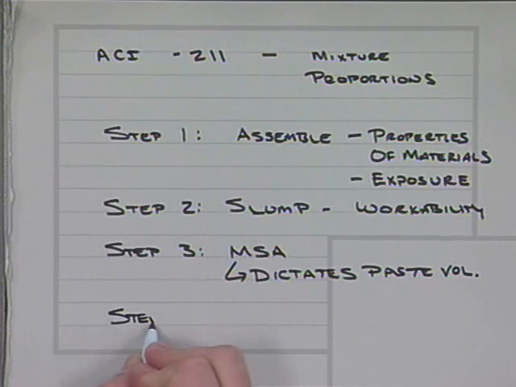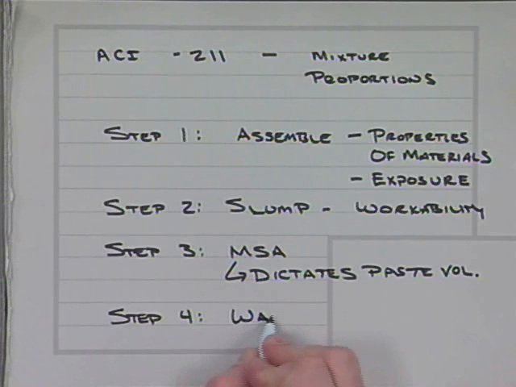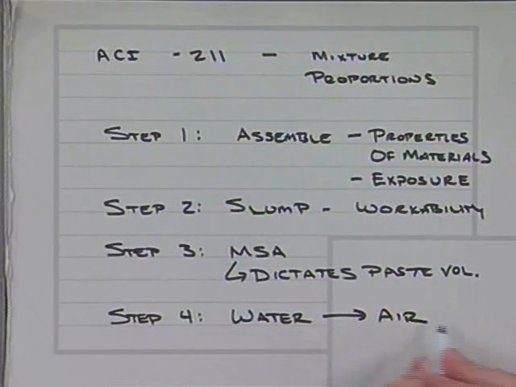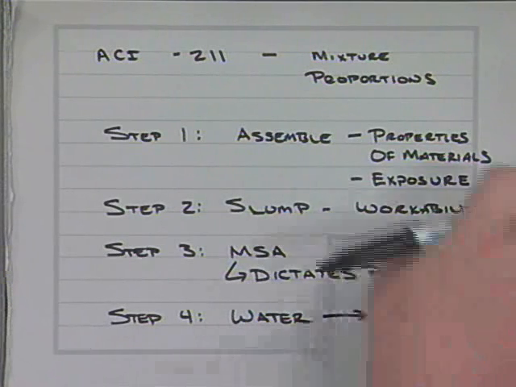Step four is the step that we're currently working on, and step four is to look really at water, and then secondarily we're going to start to look a little bit at air. And we said that we could bring the entire lecture down, really at least to start with, into one graph.